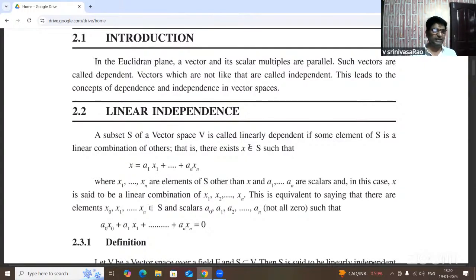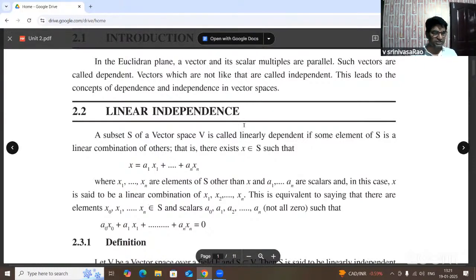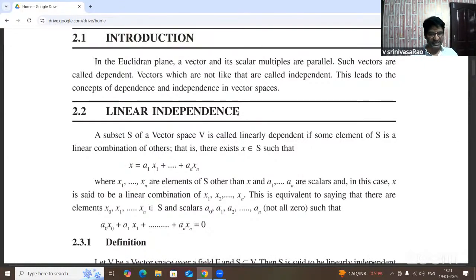There are a number of theorems on basis and dimension. Before this, the unit was the vector space and subspaces, linear span. Now that is the end of that unit. Through linear span or linear combination of vectors, what is linear dependence and independence? That is one of the most important concepts, dependence and independence.